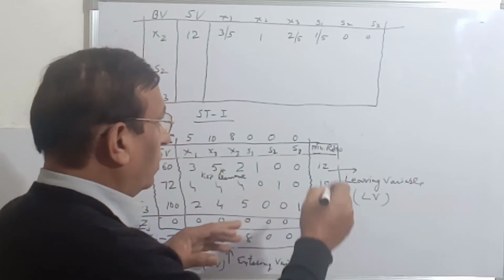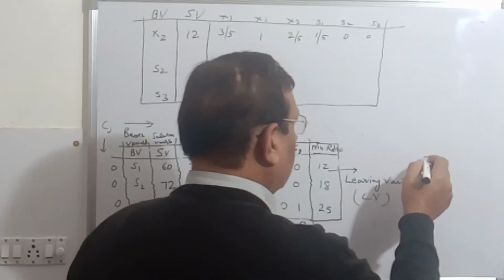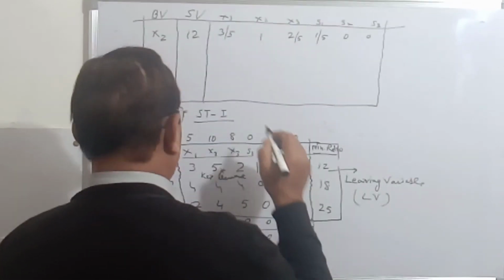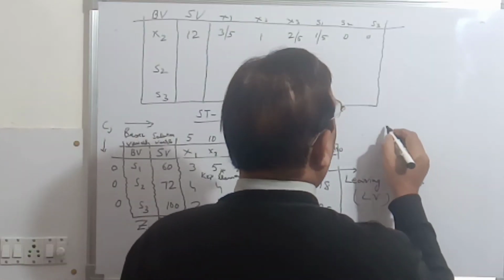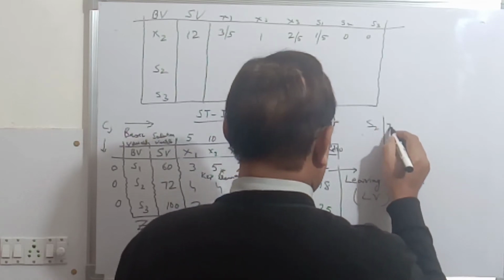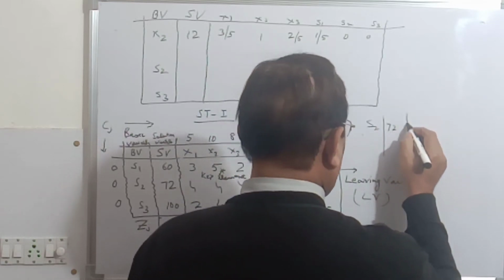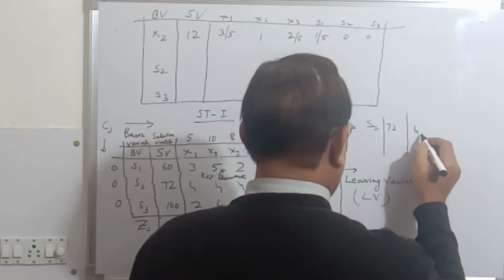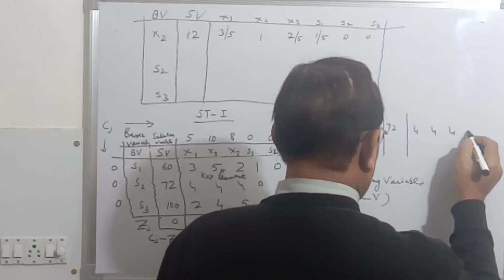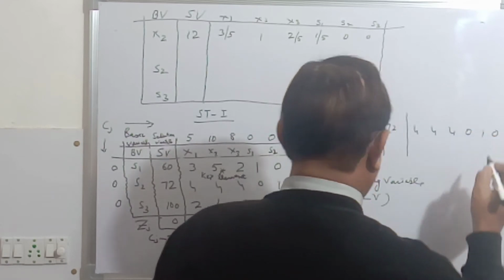So you have to show the calculation, how you have arrived at the result. So this is your S2 row: 72, 4, 4, 4, 0, 1, 0.